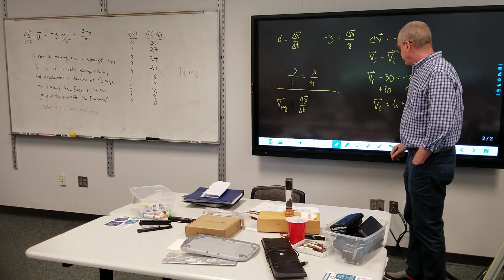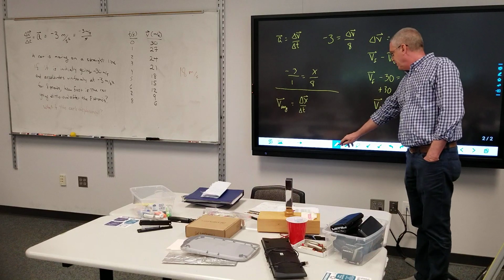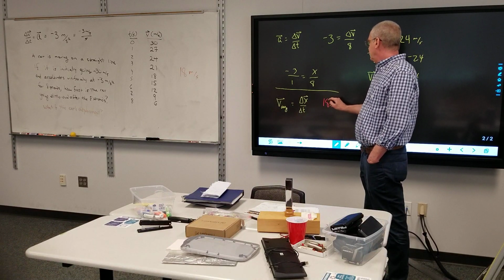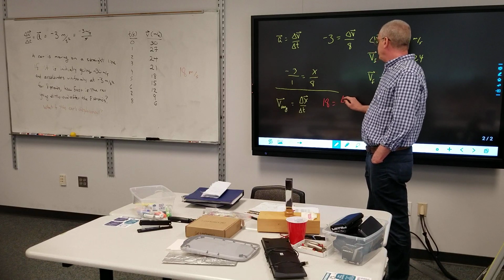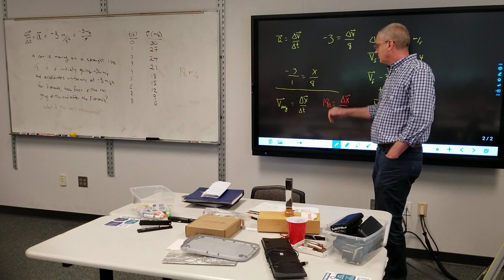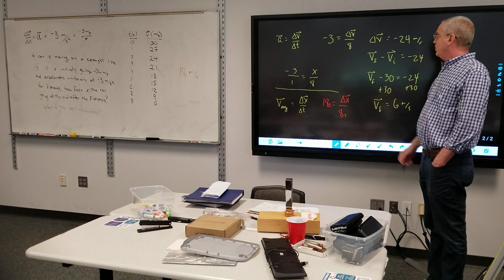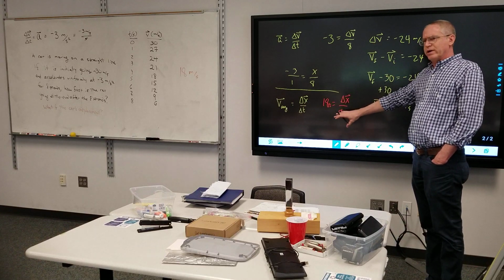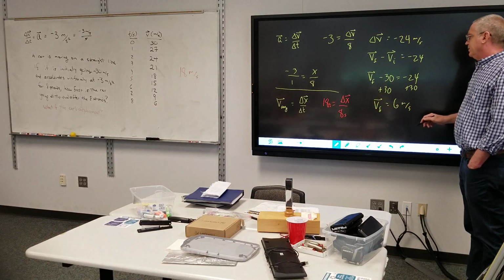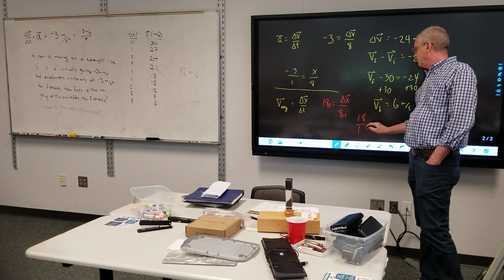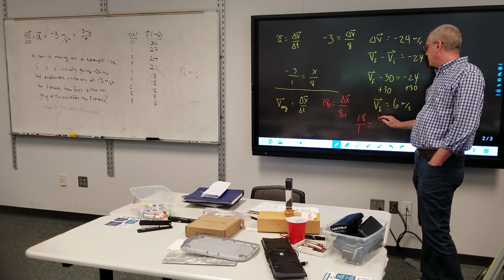So I now have enough to actually solve this. I have 18 is equal to my displacement divided by 8 seconds, in meters per second. And again, you can solve it like this, just ignoring the units when you're doing the math part, or treat it like you're doing some cross multiplication here.